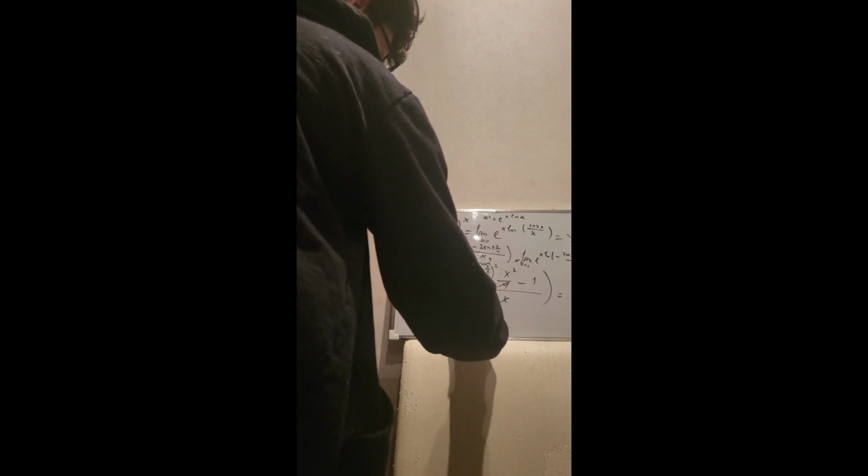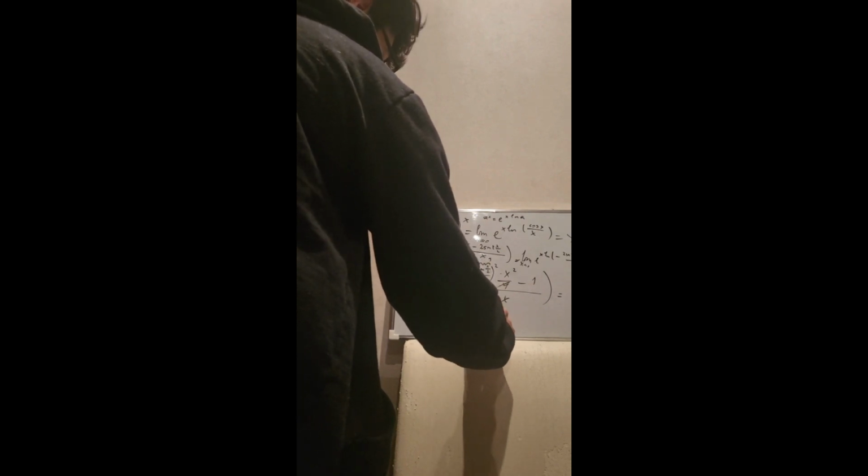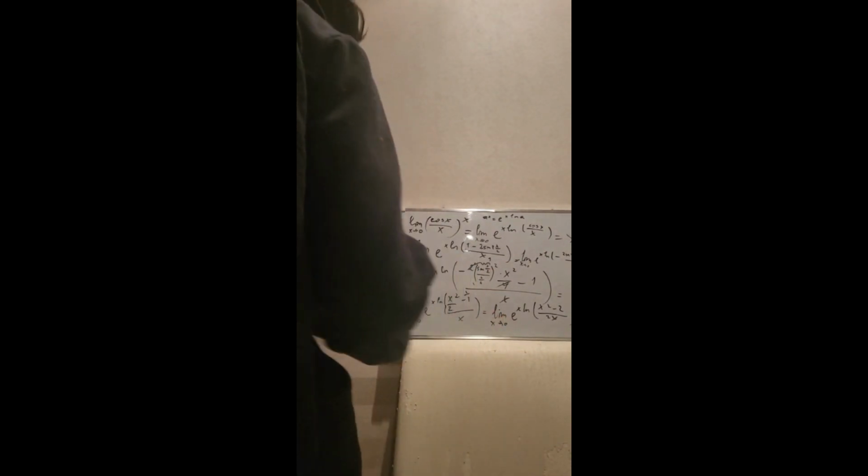So here we can make the denominators equal. So it's going to be e power of x ln x squared minus 2 over 2, over x, let's say. So x is going to here and also like this. So the final version is like this. Let's erase all of this stuff.